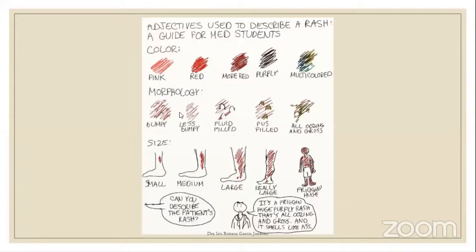Well, this bumpy is not correct, but it's just for making a comparison. Fluid-filled, pus-filled, all oozing and gross. It looks terrible. About size: small, medium, large, really large, and huge. I mean, the extension, the size, taking into account the structure in the body. It's just like a joke, but it's possible to consider this information to organize the idea and then use the correct vocabulary.